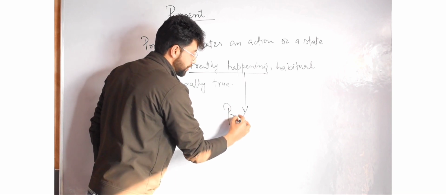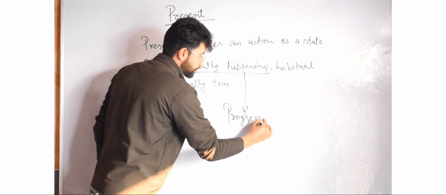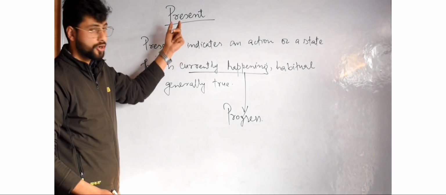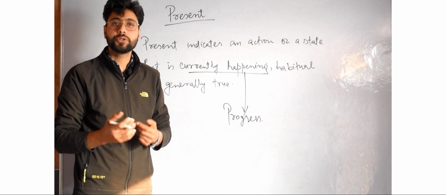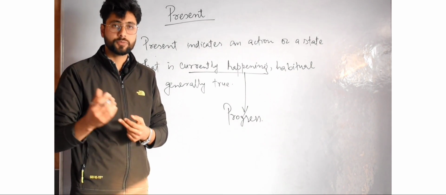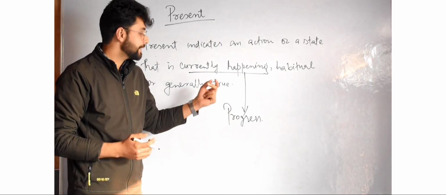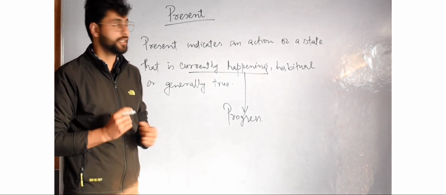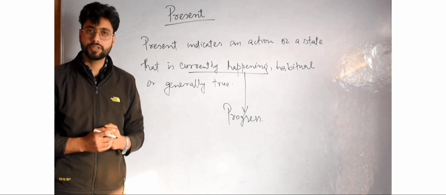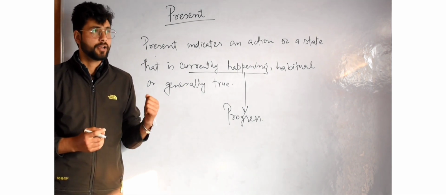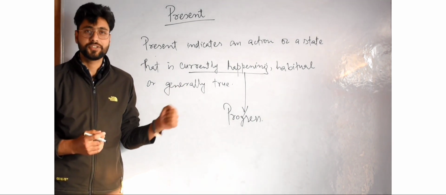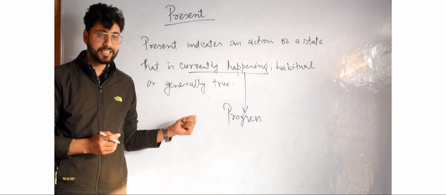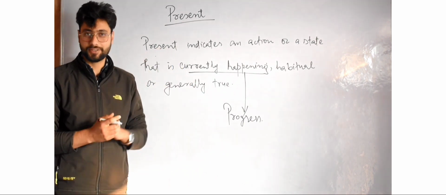If an action is in progress, we say that action is happening in present. Or if you are habitual with something, some kind of action, then that habit of yours can be counted in present. There's a quote, and we say, sun rises from the east. This is the universal truth, and this is counted in present.